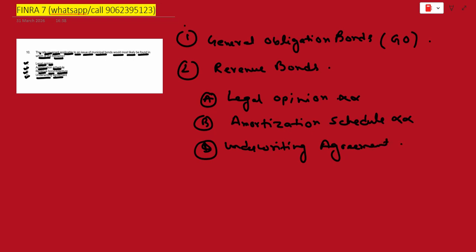Now this is a contract between the issuer and the investment bank. It's basically the who is selling this document. Now it's not the how are we paying people back document. Okay, so goodbye option D.